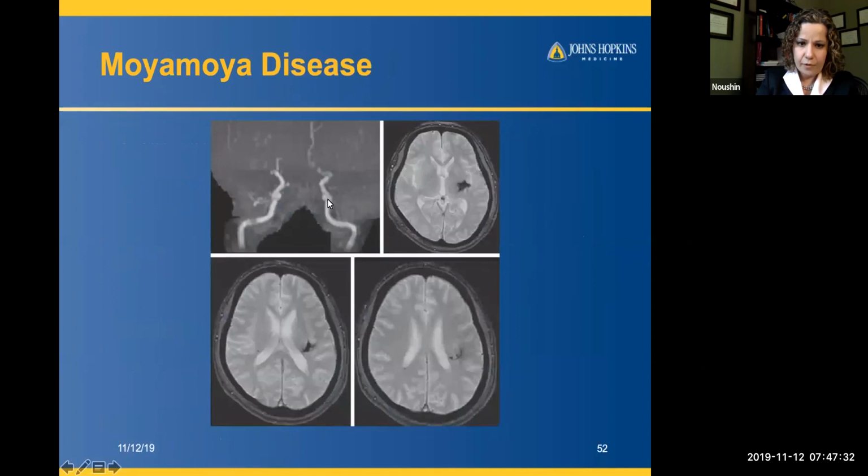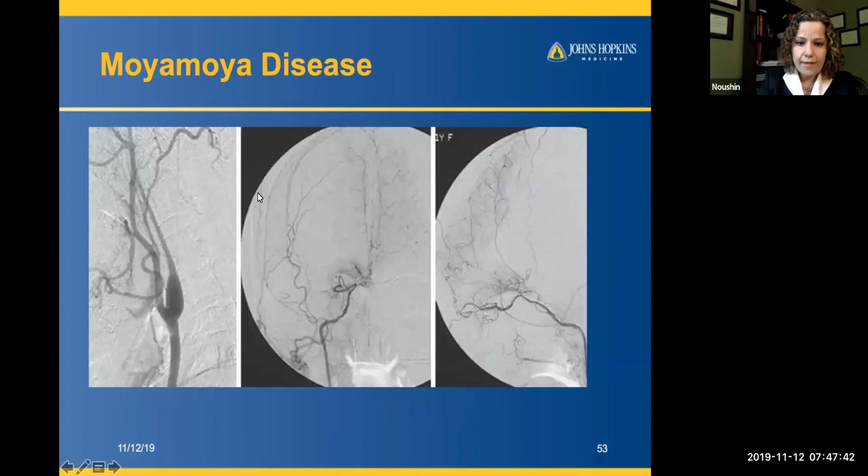This is an example of Moyamoya disease, with high-grade stenosis and essentially near occlusion of the carotid termini bilaterally. The patient had multiple foci of parenchymal hemorrhage. This is an angiography image showing high-grade stenosis, which is pretty smooth, starting from above the level of the bifurcation.